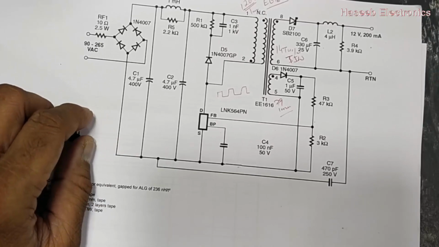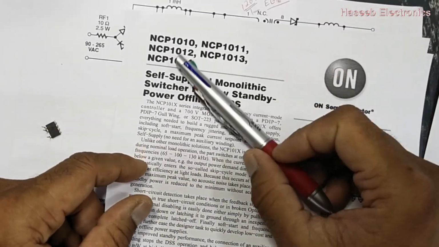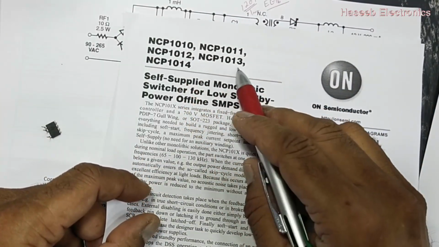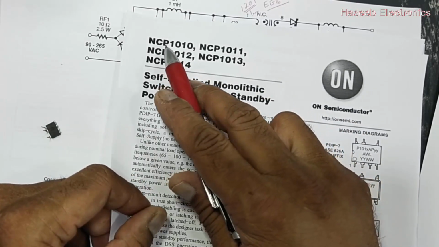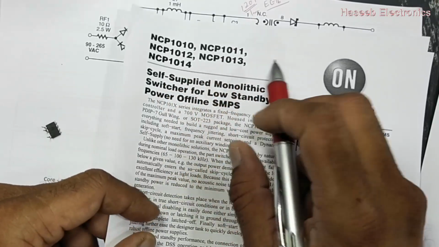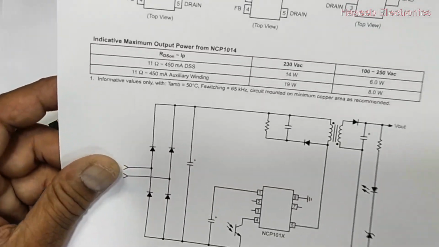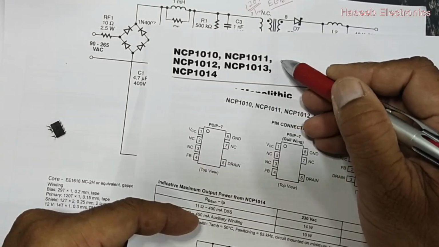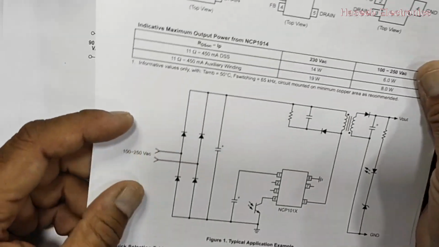If we cannot find this IC, then we can use NCP1010, NCP1011, NCP1012, 1013 or NCP1014. This IC is normally in P1010, P1011, P1013. We can use this IC, but we have to use it with the suffix that is 100, like 1011-100, so that it will be 100 kilohertz.